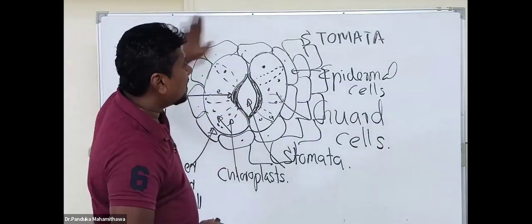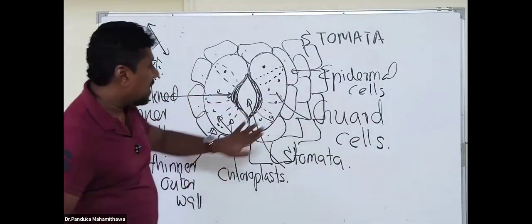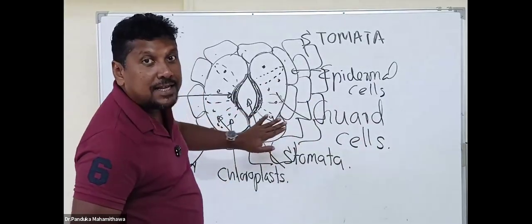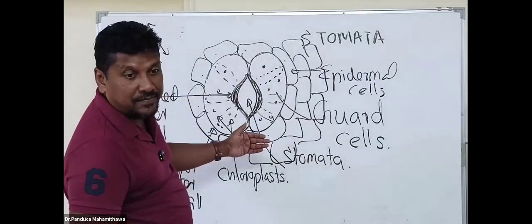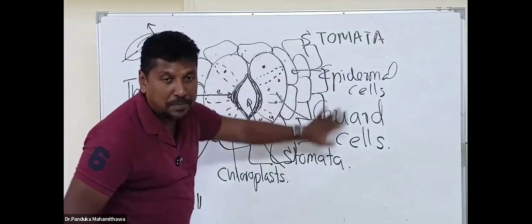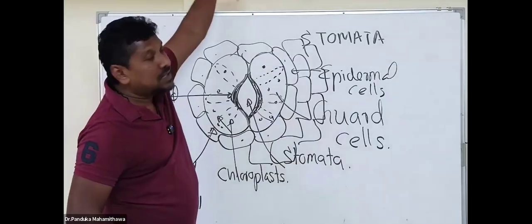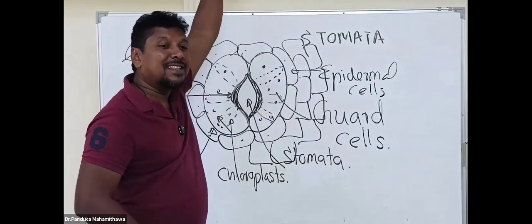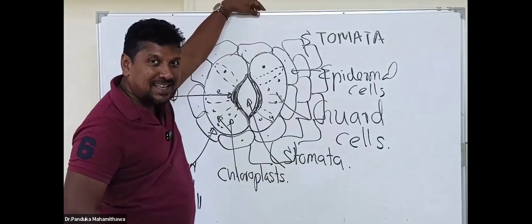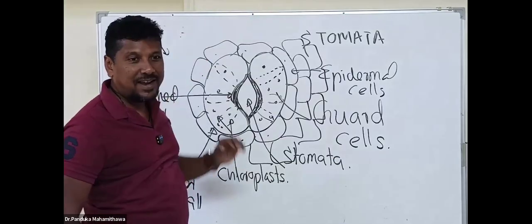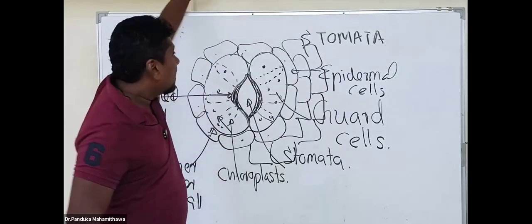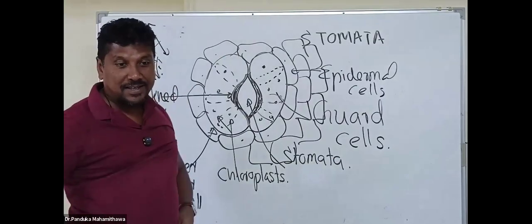Assume that this board is the leaf. We are looking at the lower epidermis, and the mesophyll cells are behind the whiteboard, and the upper epidermis is in the wall, likewise.